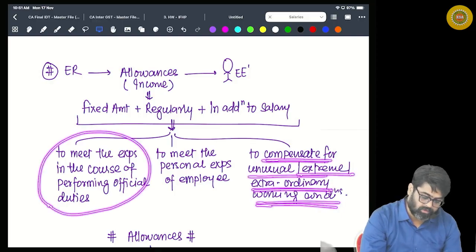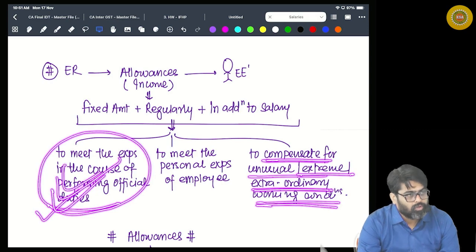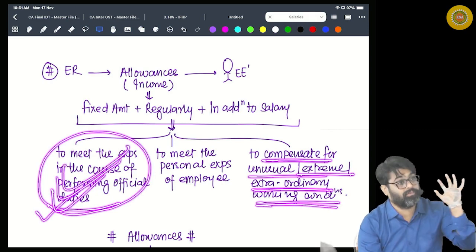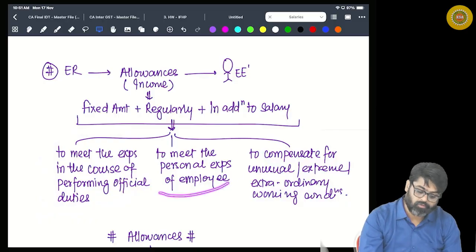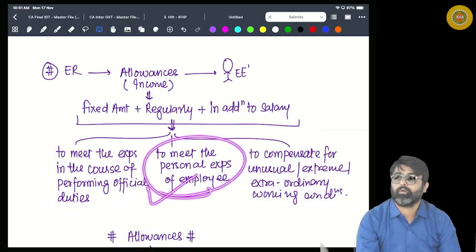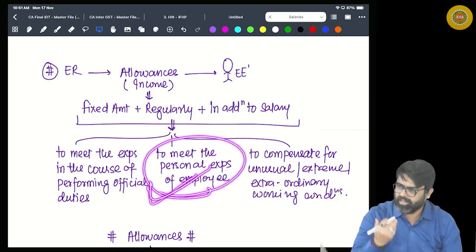Few examples of this: traveling allowance, daily allowance, helper allowance, uniform allowance are few examples of these types of allowances. Yes or no? Few examples of this: medical allowance, tiffin allowance. Yes or no? And many more.